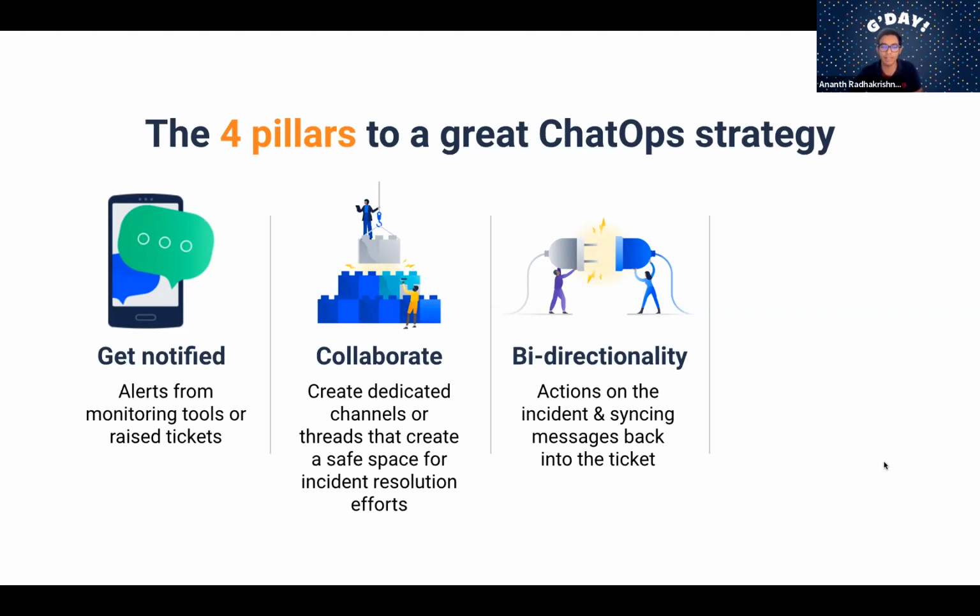And the second important bit, it's not just actions, but it's also about messages. While you have your team coming together, sharing thoughts, sharing hypotheses, coordinating investigations on that collaboration thread, it becomes just as important to sync all of these messages back so that it can be used for future posterity. Now, this could be these messages being used for a post-incident review, right?